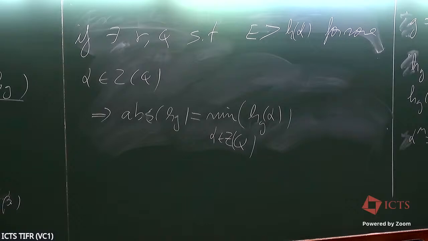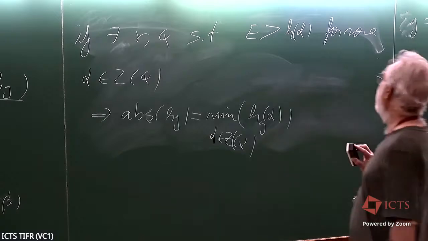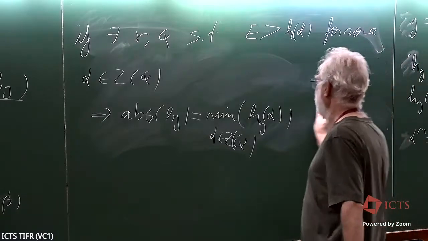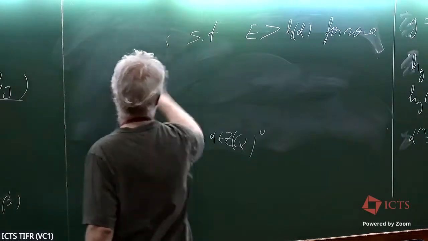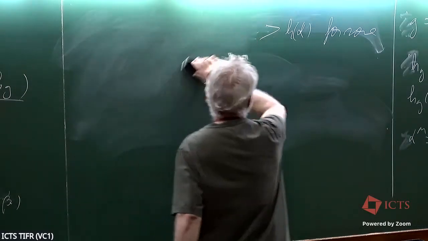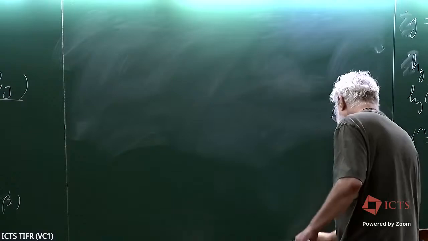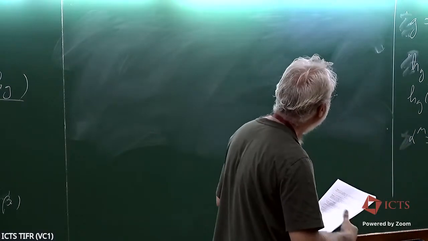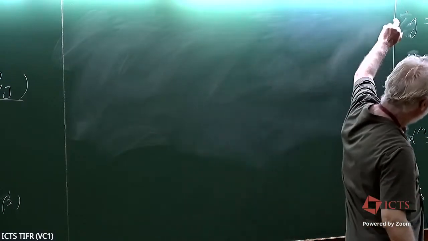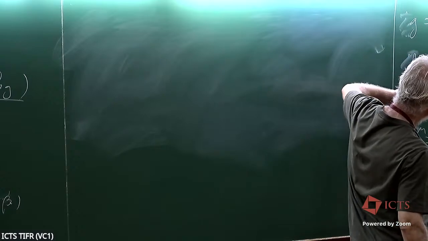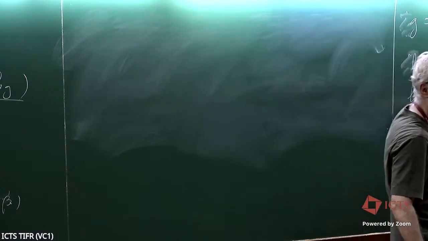Is this clear? Okay, now let's apply this to the Fubini-Study height. So in the Fubini-Study case, we have that the height of the point 0 is 0, which is exactly the absolute minimum.